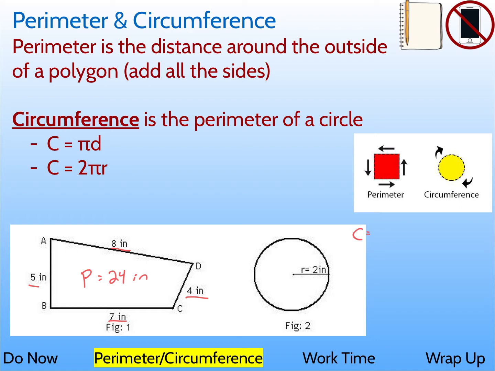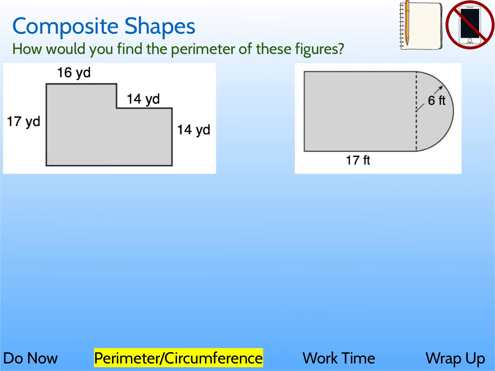I'm going to use circumference as 2 times pi times the radius because they give us the radius. In this case, it's 2 times pi times 2, which is 4 pi. And if they ask you to round it to the nearest hundredth, that would be about 12.57 inches.